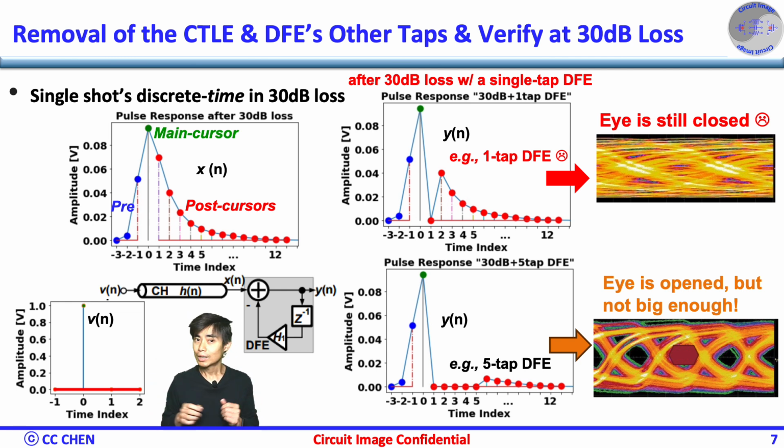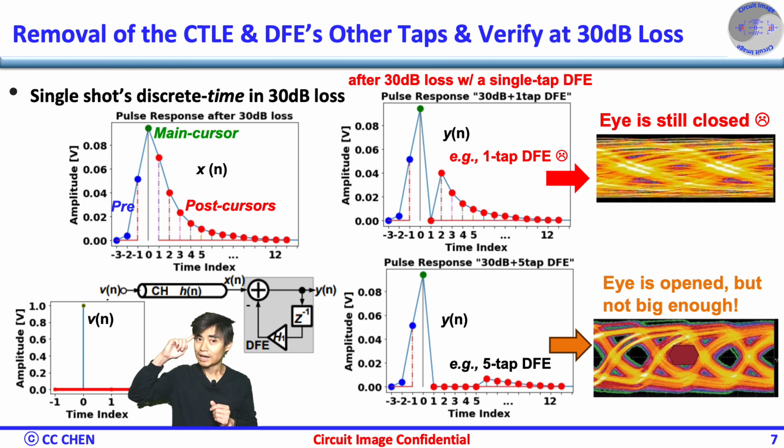So you probably know the issue from the single shot response: we need to have ISI only at the first post cursor, not other post cursors or even the precursors, to verify the first tap properly.